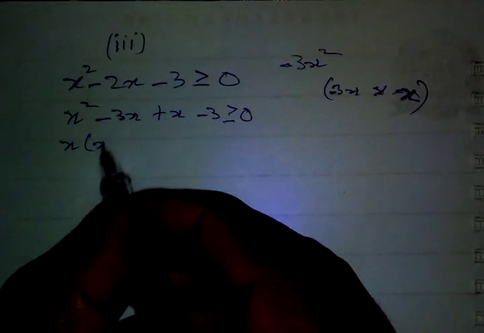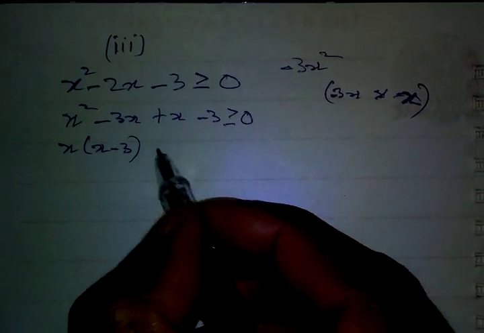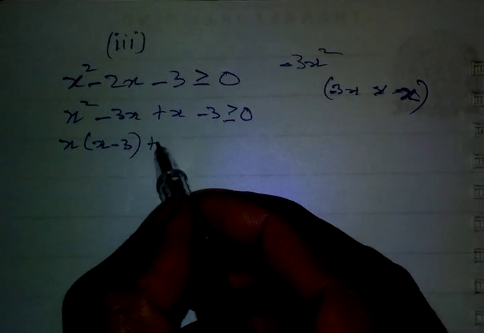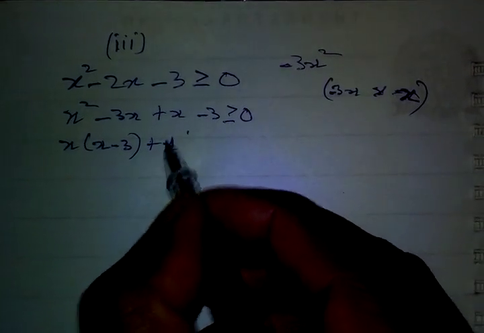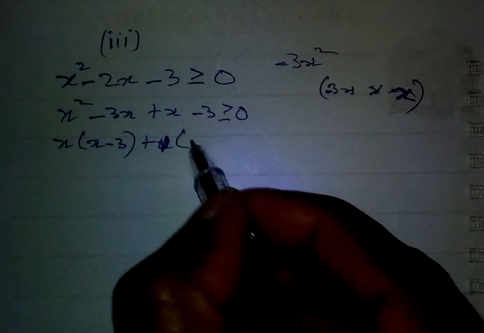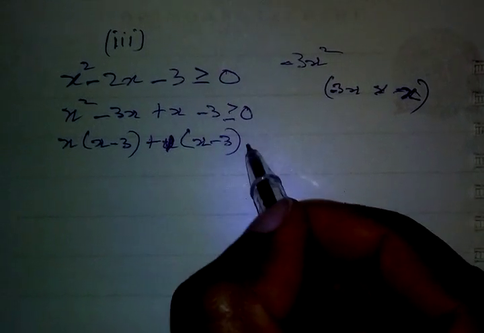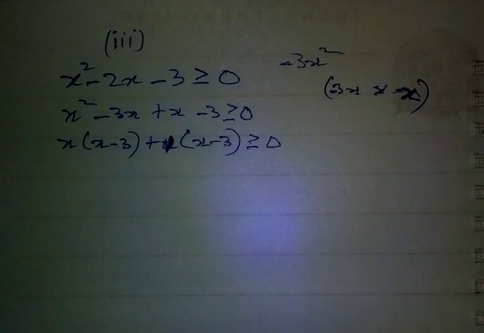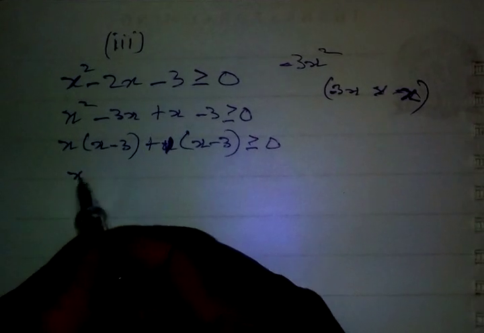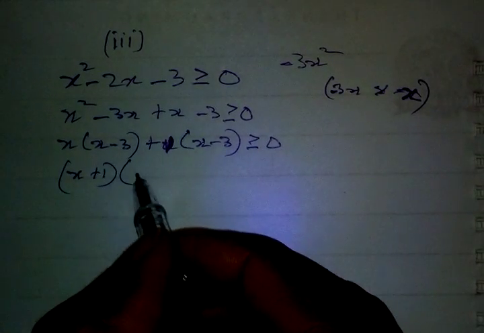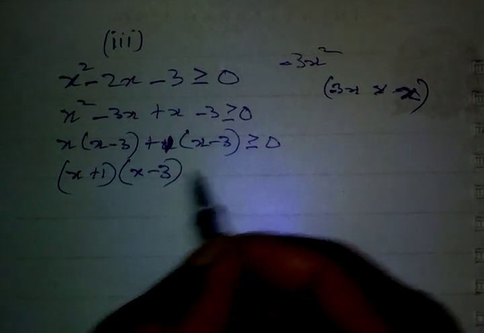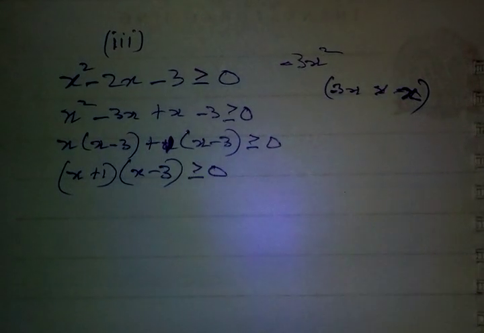So when I factorize, I'm going to have x minus 3, and this will give me plus 1, x plus 1 times x minus 3 is greater or equal to 0. So we'll be having x plus 1 and x minus 3 to be greater or equal to 0.